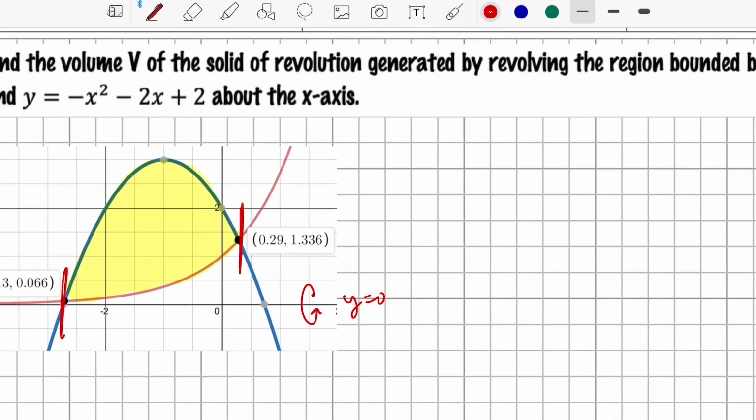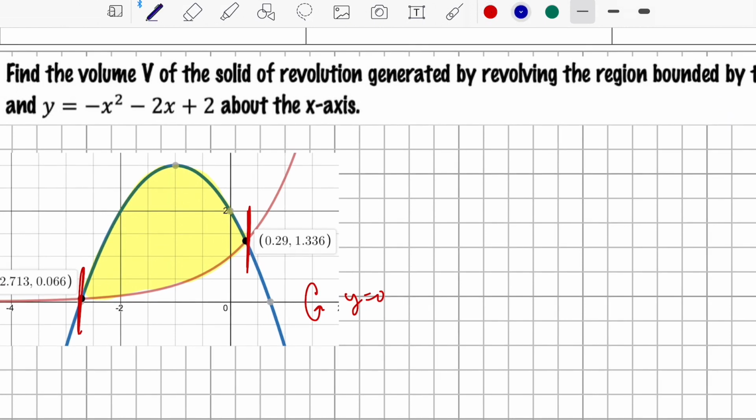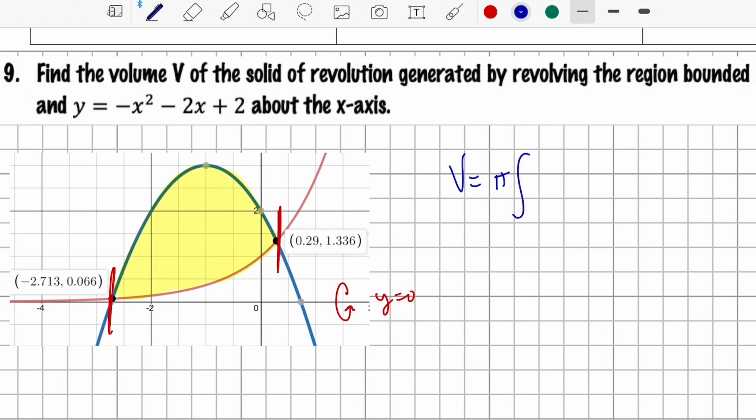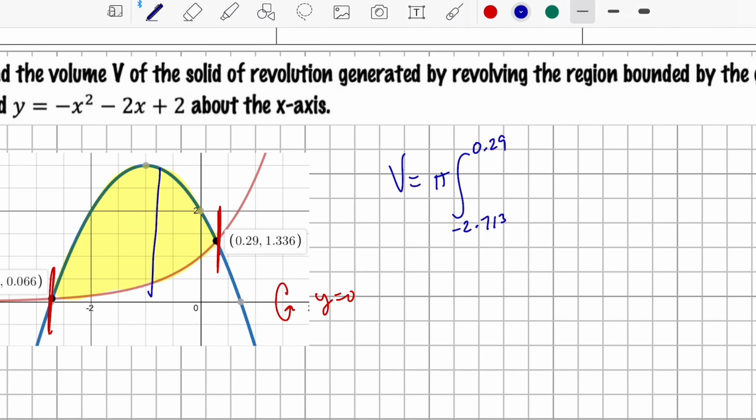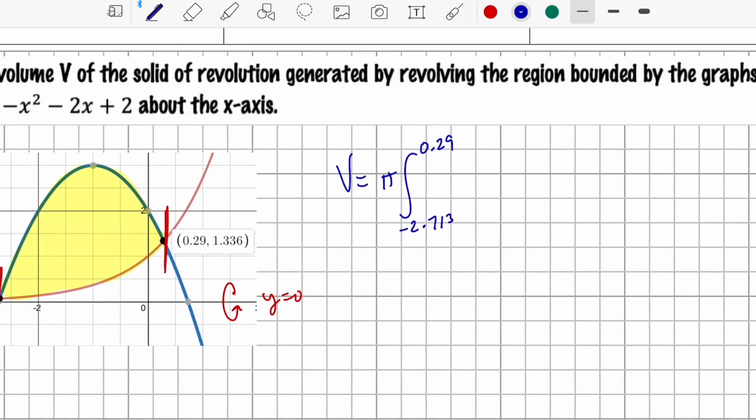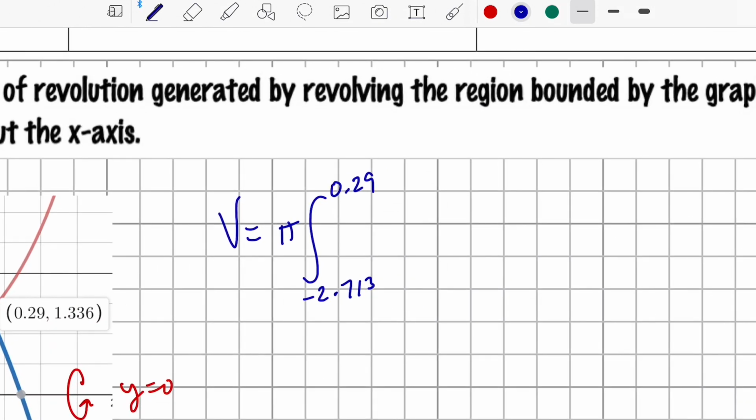So now, let's start setting it up. So volume equals pi integral from negative 2.713 all the way to 0.29. And the top function, or the function that is furthest away from the axis of rotation, is the parabola. So that's going to go first.